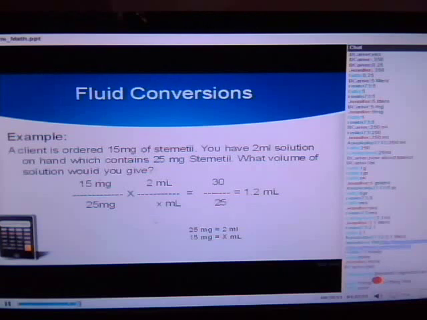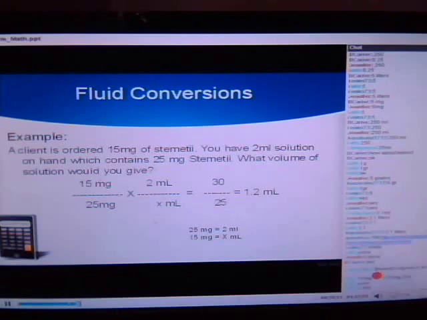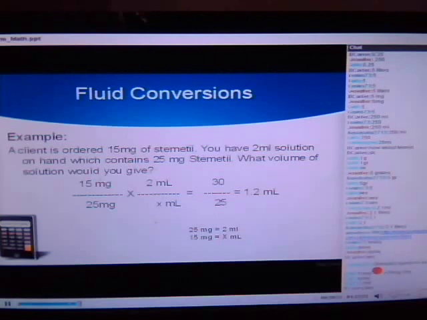No, I didn't. 25 divided by 30. Oh, okay, that's exactly what I did. I did it right. Sorry. Exactly, Faith. So this is how we figure this out. Keep the milligrams and milliliters in the same column. Let's try another one, gang.